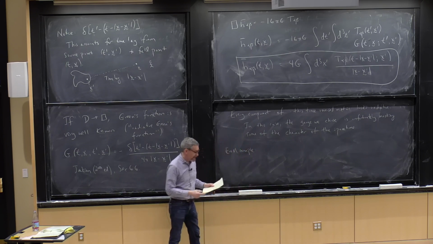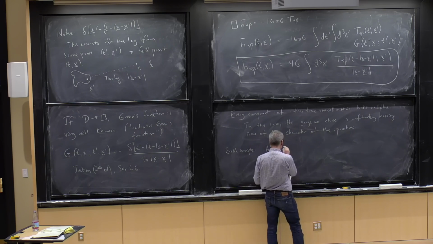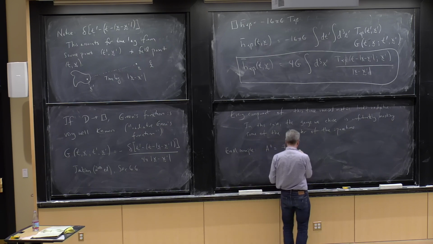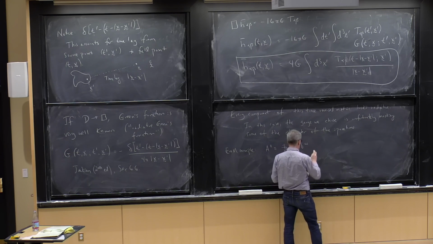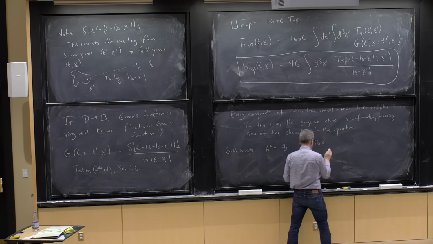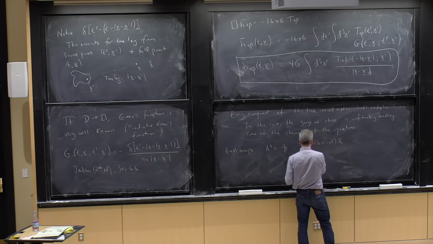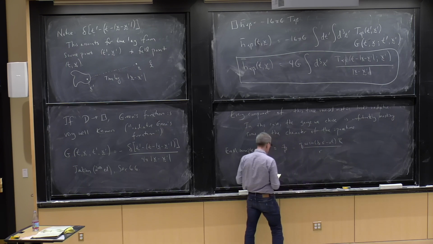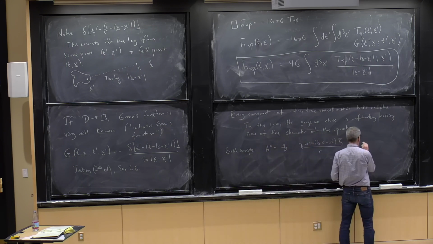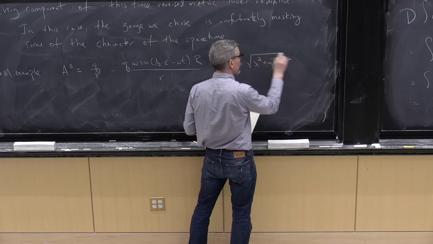Suppose I gave you a vector potential. It was of the form, had a time-like component that was q over r minus q omega sine q dot r minus omega t, capital R over r. Little r is square root of x squared plus y squared plus z squared.